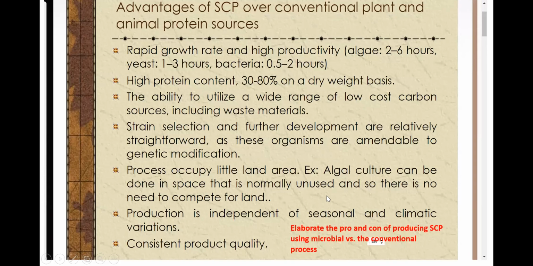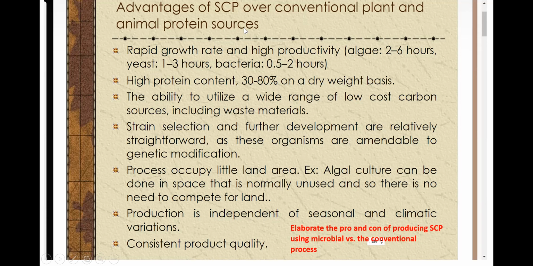And then I will not read all the content. I believe you can try to go through the scope. The most important thing is to look at the red color: elaborate the pros and cons of producing SCP using microbes versus the conventional process. When we talk about the conventional process, we mean conventional plant and animal protein sources.